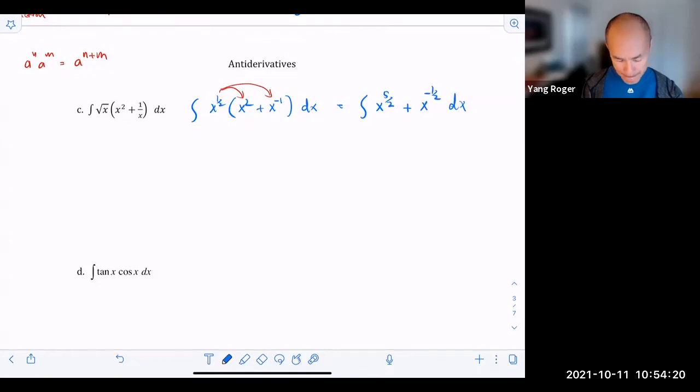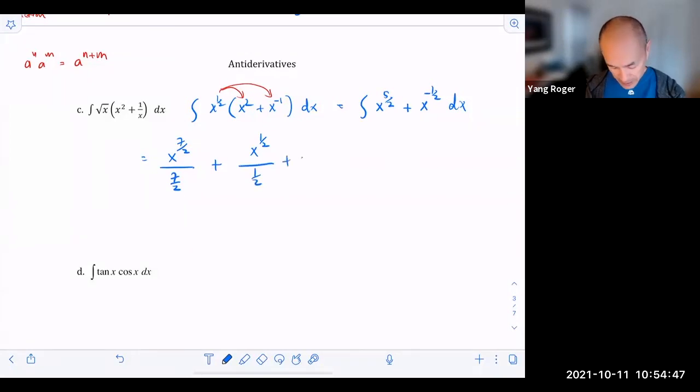Then what we need to do now is find the antiderivative of each piece. So I'm going to add 1 to the exponent, which would be 7/2, and then divide by what I just wrote, divide by 7/2. For this guy, I'm going to add 1 to the exponent. That's going to be x to the 1/2, because -1/2 plus 1 is +1/2. And then I'm going to divide by what I just wrote, divide by the 1/2.